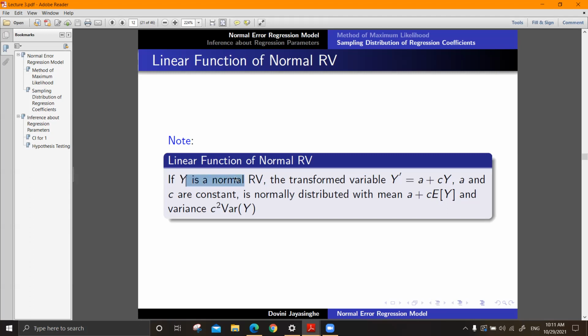So y is normally distributed with some mean and some variance, and that mean is coming here. The expected value of a random variable is the mean. So you multiply the mean by the constant and you add this constant. That is going to be your new mean of y'. And the variance of a constant is 0, so this a term cancels out when we are getting the variance of y'.